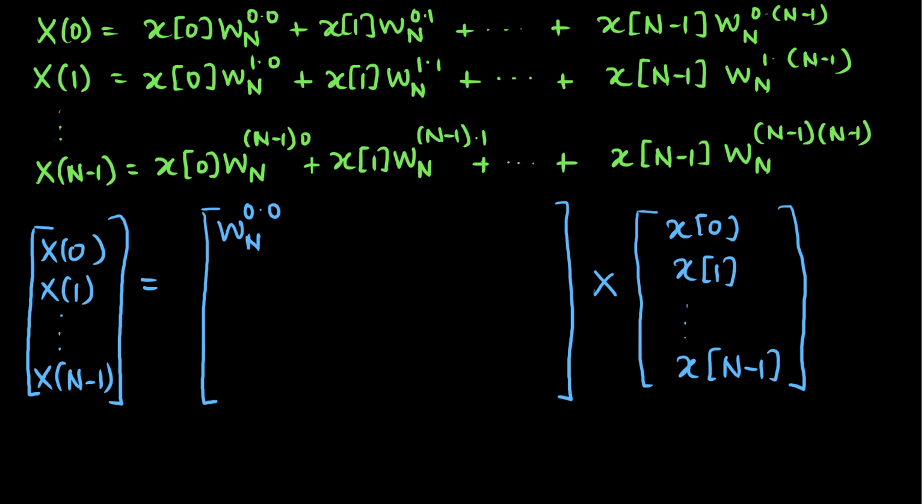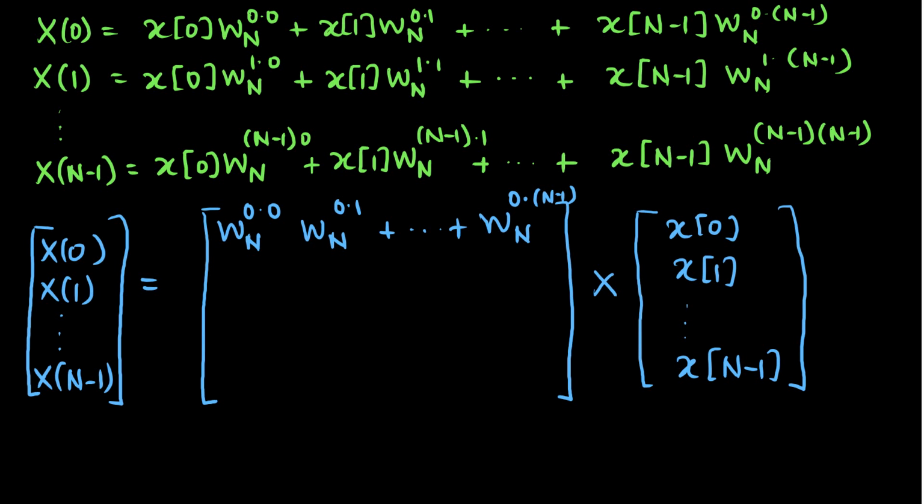Similarly, in order to get the next term, we need to have this x of 1 multiplied by Wn to the power 0 into 1, and so on, till Wn to the power 0 into n minus 1.